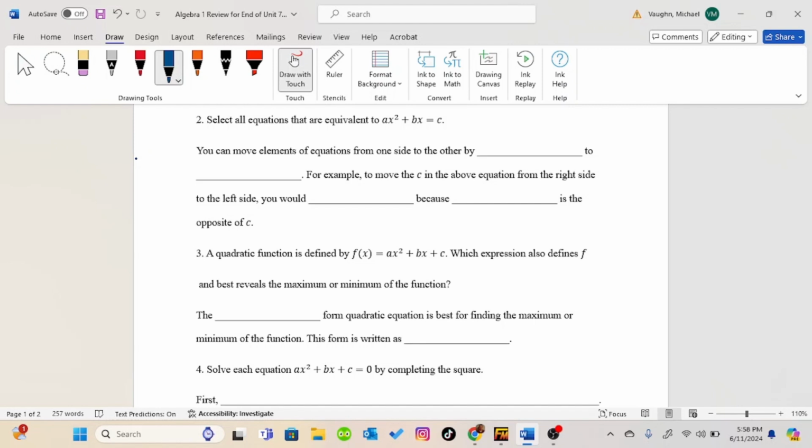What you need to keep in mind is that you can move elements of equations from one side to the other by doing the opposite to both sides.